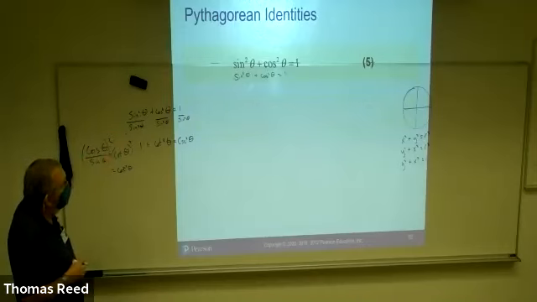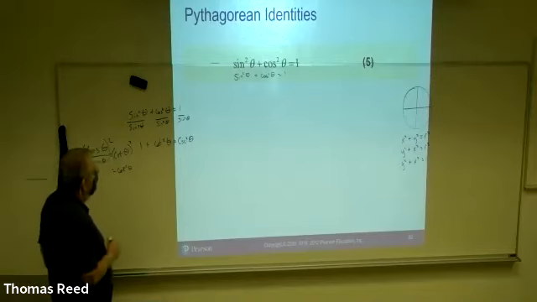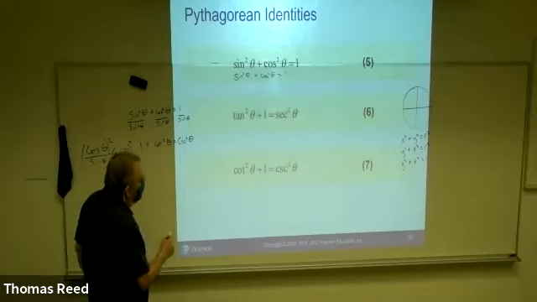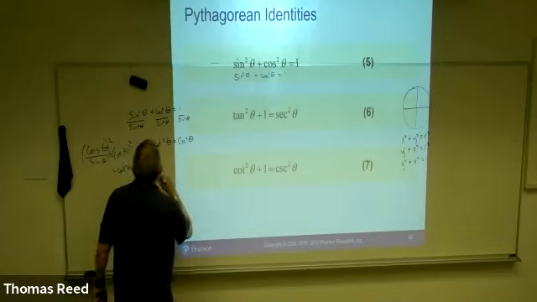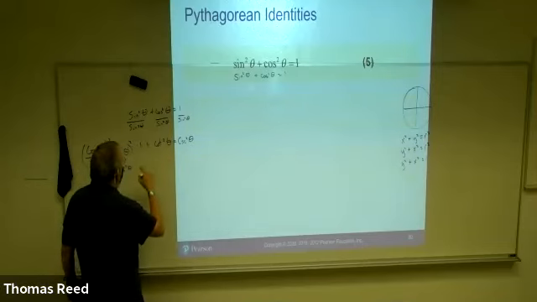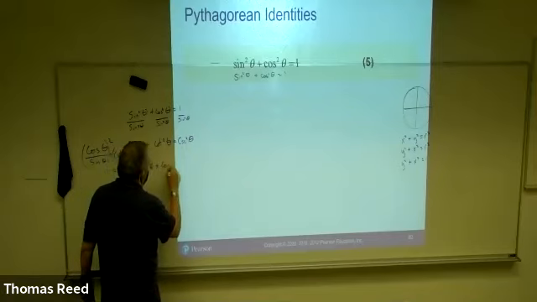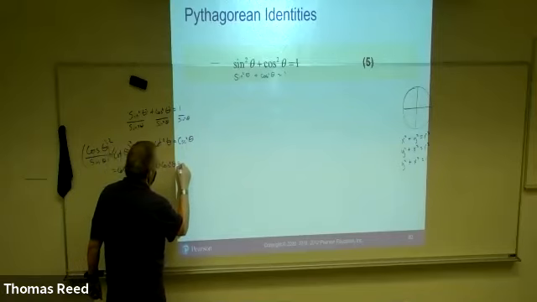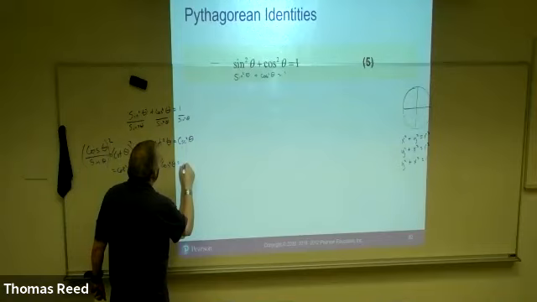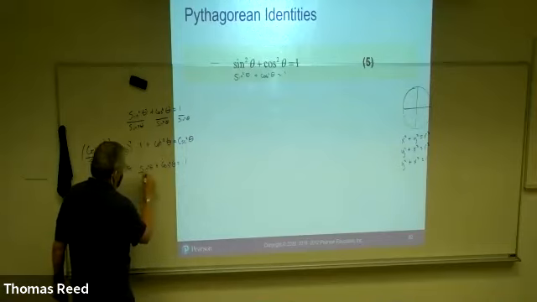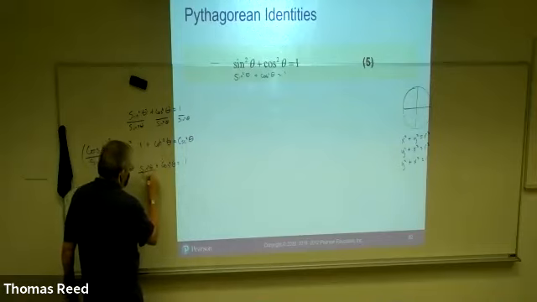Oh, they didn't divide by sine first, so that was this one. To get this one, instead of dividing by sine, they divided by cosine. So I'm going to divide through by cosine squared theta.